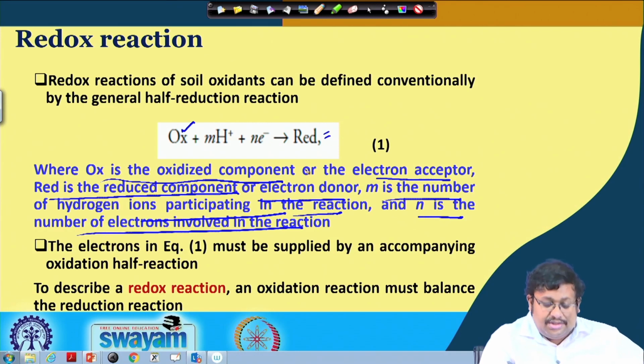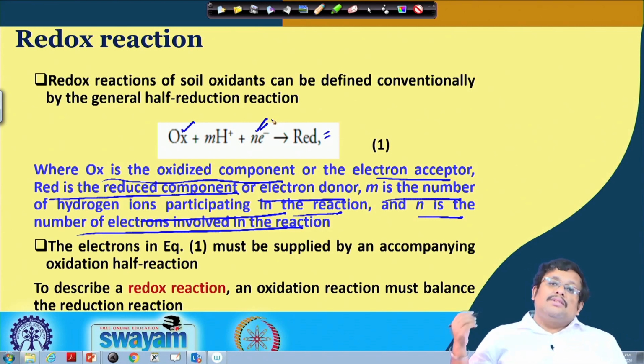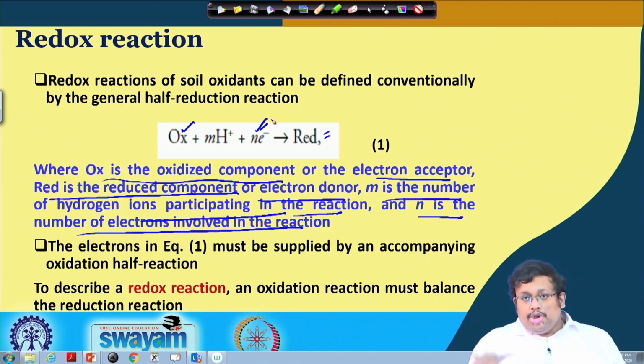So, the electrons in equation 1 must be supplied by an accompanying oxidation half reaction. Remember, we have talked about that the oxidized species and the reduced species should coexist. So, the electrons which are accepted by the oxidized species to get reduced should be donated by an accompanying oxidation half reaction.